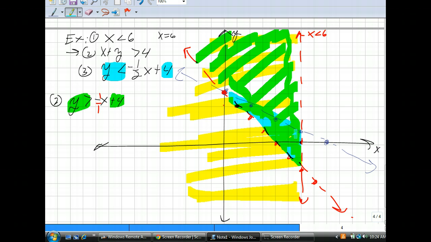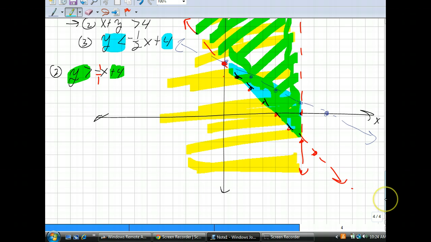So that is the solution to that system of inequalities, this triangular region where I have the yellow, the green, and the teal all together, right? Okay, so that's basically what you do. It's just graphing and shading and looking for where the shading is overlapping.